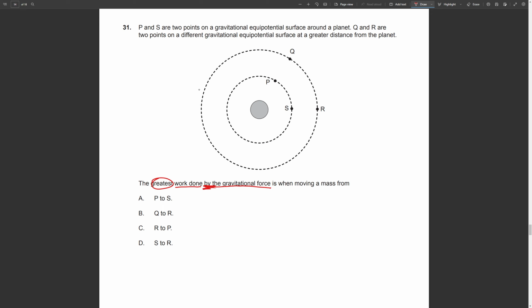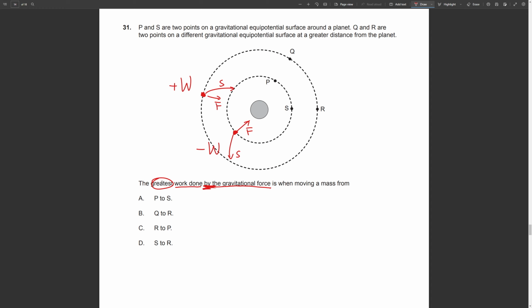If an object is moving from the outer orbit to the inner orbit, then the gravitational force in this case is pointing inward and the displacement or the movement is going inward as well. This would give you a positive work done. On the other hand, if there is an object moving to an outer orbit, then the displacement is going outward, but the gravitational force is still going inward. And this would give you a negative work done.